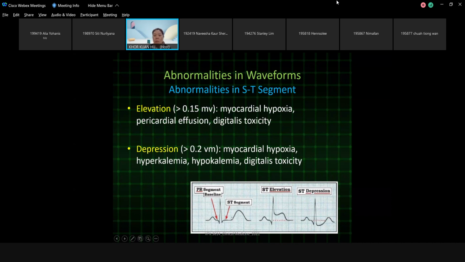It just tells you about the myocardium, whether the myocardium is having hypoxia, whether there is a pericardial effusion, or digitalis toxicity. If it is depressed, it could also be myocardial hypoxia, hypokalemia, or digitalis toxicity. See, it doesn't help you in terms of differential. You only know the myocardial wall is unhappy. They are not doing all right, and that's why they give you this weird rhythm.